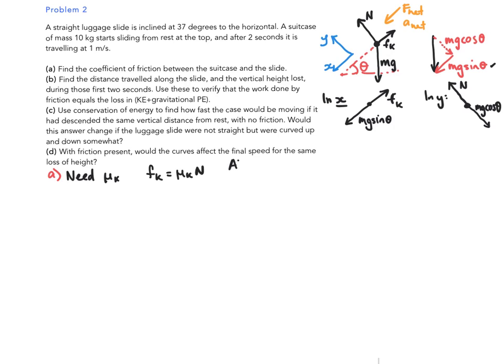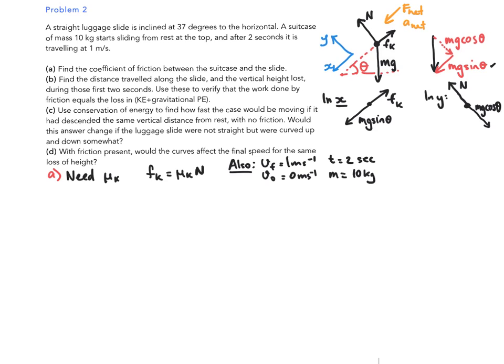We also know the kinematics of this problem. We know that Vf is 1 meter per second. We know V naught is 0 meters per second. We know the time, it's 2 seconds. And we know the mass, that's 10 kilograms.